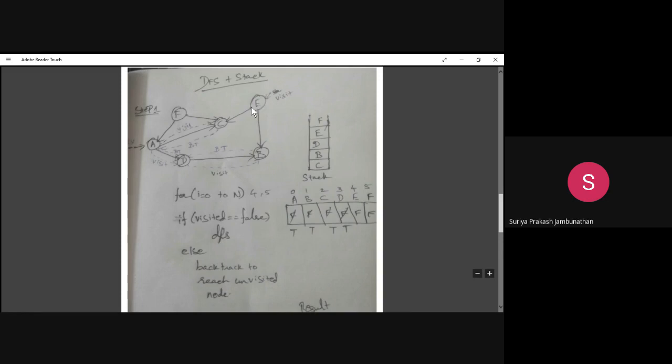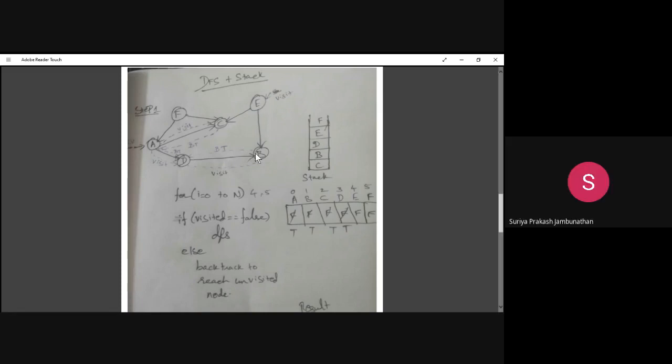When we go to E, can we go anywhere from E? How many out degrees does E have? 2, sir, E has 2 out degrees. Which nodes does it visit, where can we go from E?